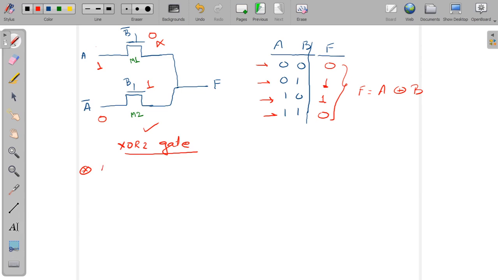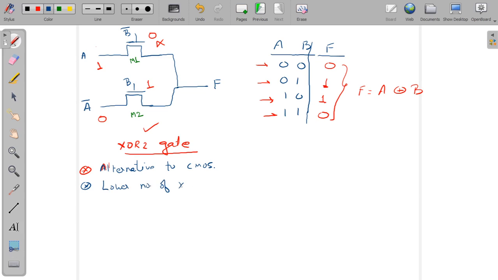This can be used as an alternative to CMOS logic style, and the advantage is that a lower number of transistors are required.